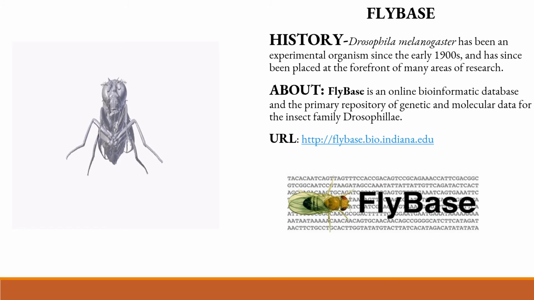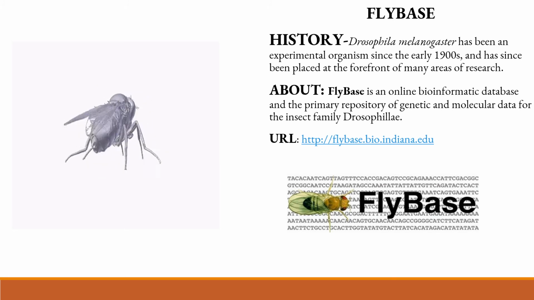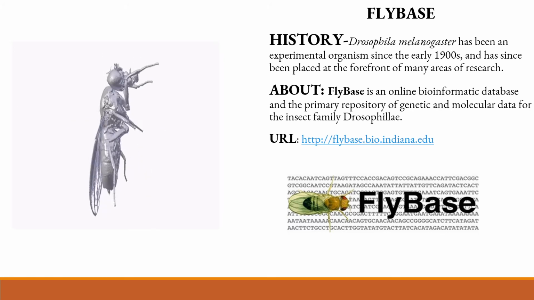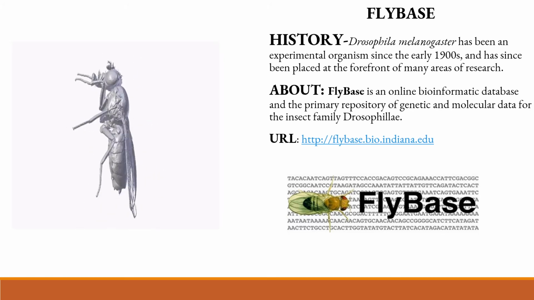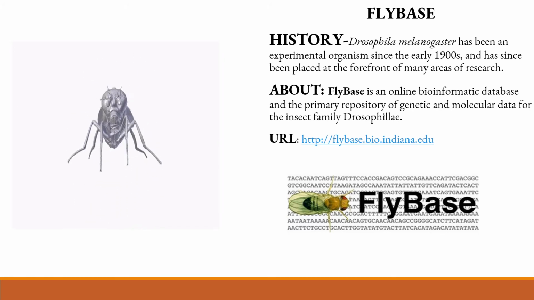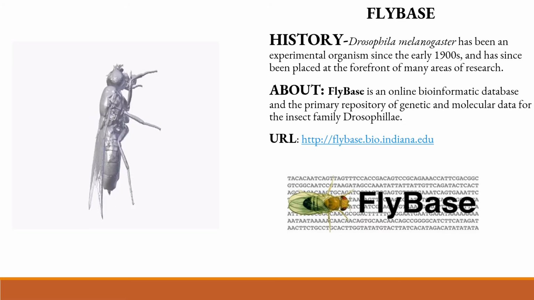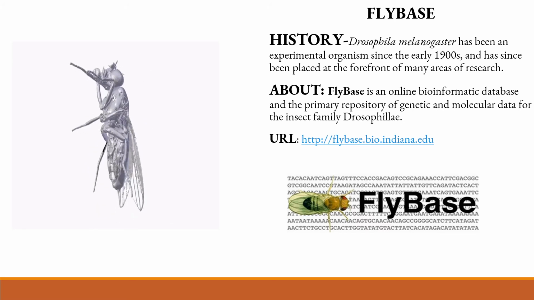FlyBase originated from a variety of resources ranging from large-scale genome projects to the primary research literature. For the most extensively studied species and model organism, Drosophila melanogaster, a wide range of data are presented in different formats.